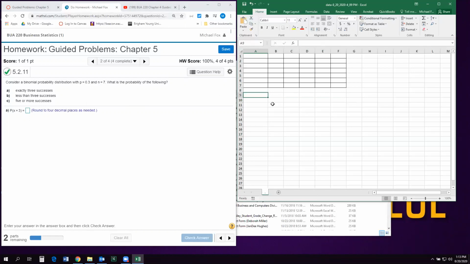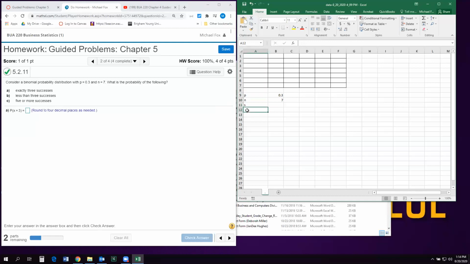So I'm going to create a little calculator here in Excel where I put in my P as 0.3, and then my N is 7. I'm going to put S for successes, and that's going to be my variable that's given to me here.